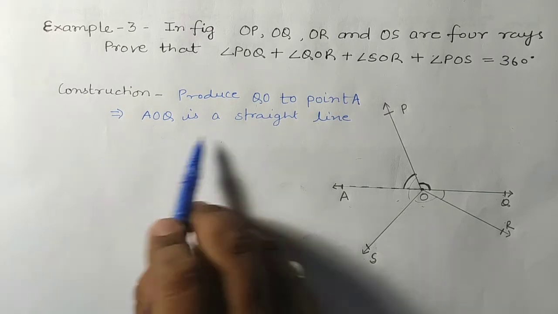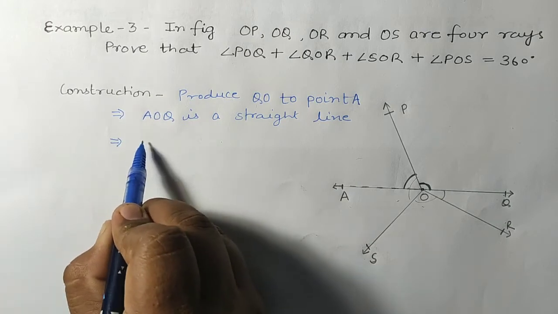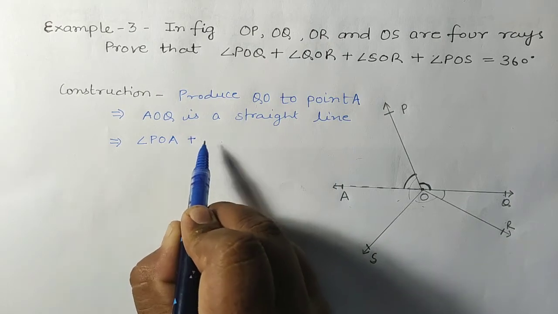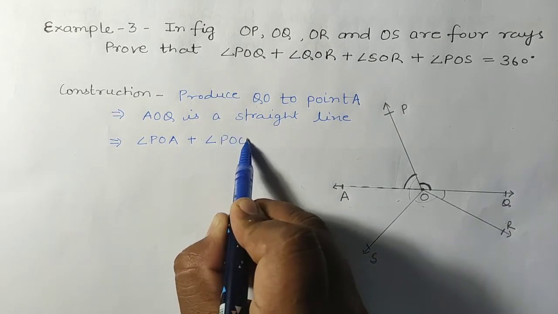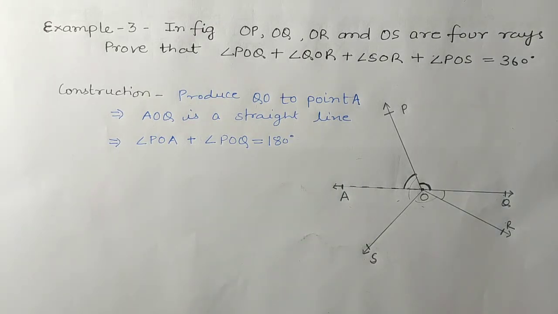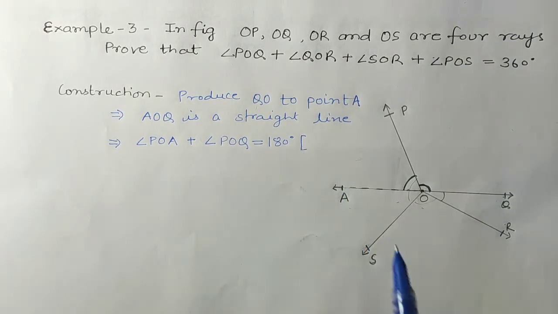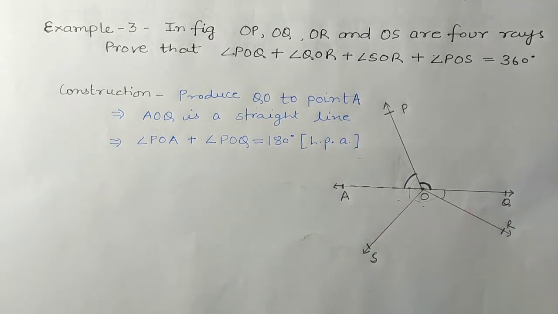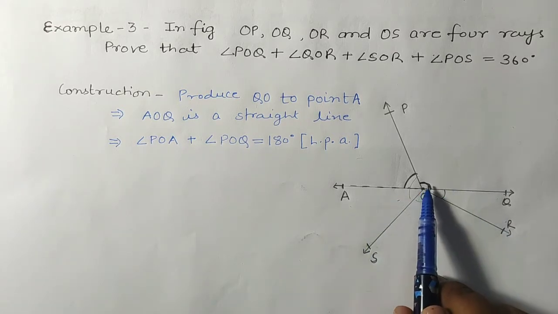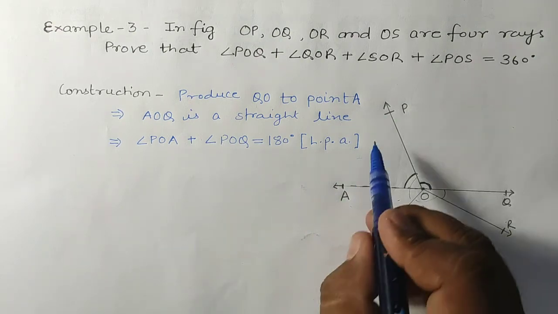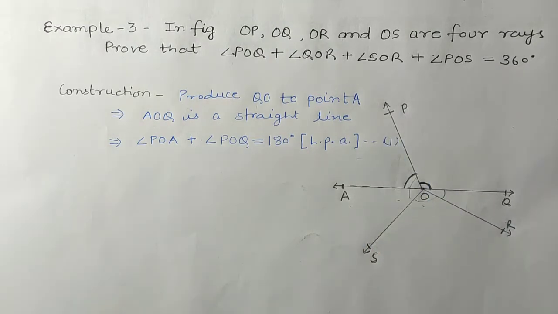So since AOQ is a straight line, angle POA plus angle POQ is equal to 180 degrees. The reason is the linear pair axiom. We have studied the linear pair axiom: on a straight line the sum of two adjacent angles is 180 degrees. Suppose it is equation number 1.